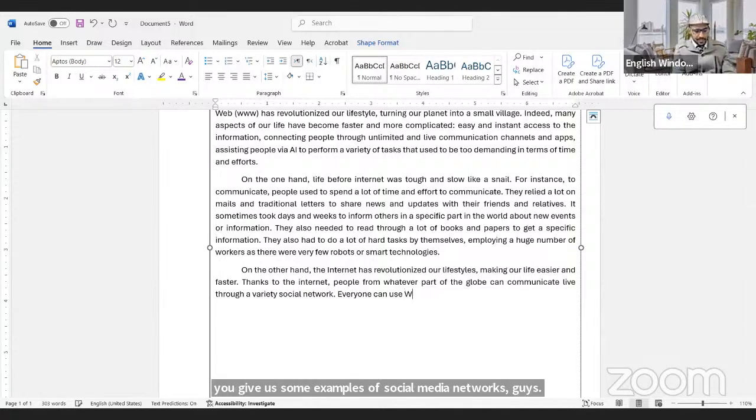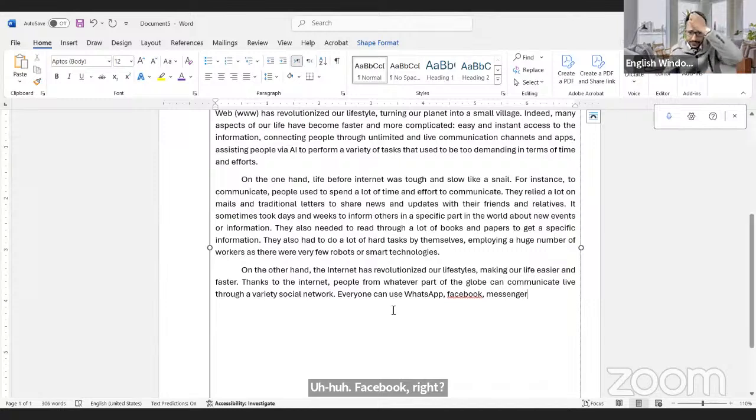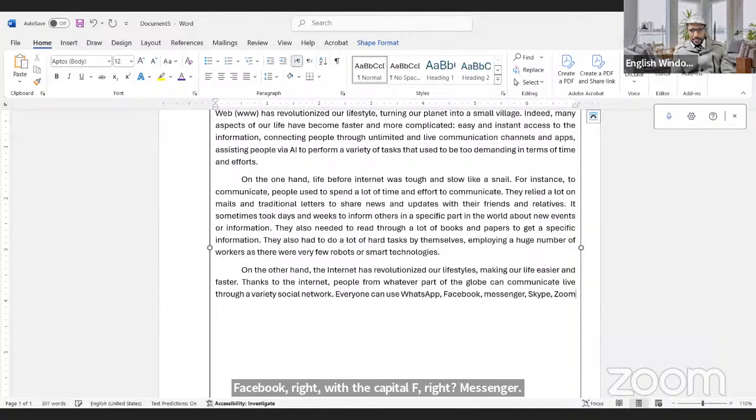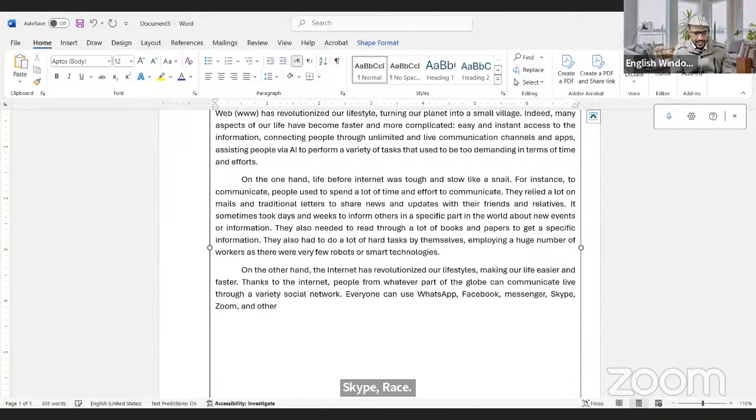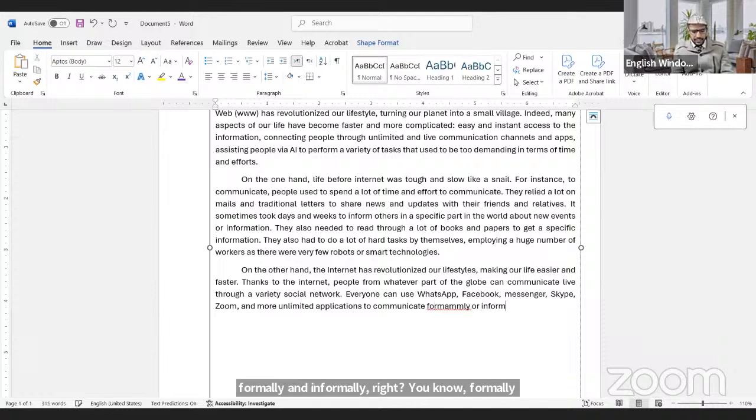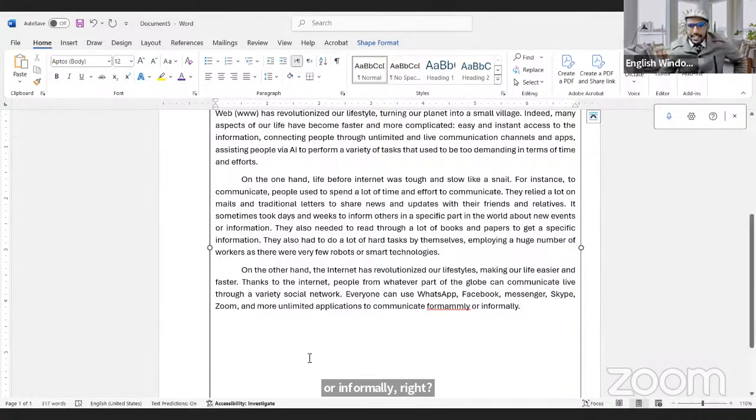Everyone can use Facebook, WhatsApp, Facebook with a capital F, Messenger, Skype, Zoom, and many other unlimited social applications to communicate formally or informally, in a formal way or in an informal way.